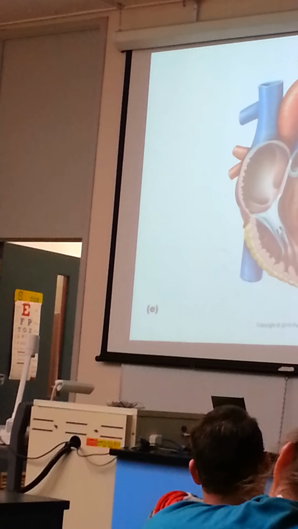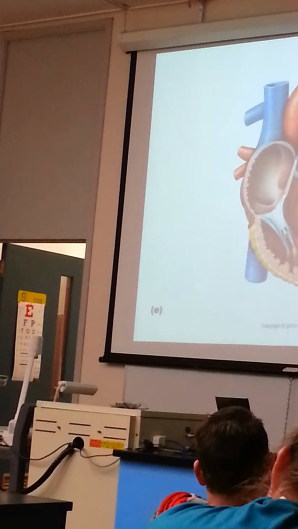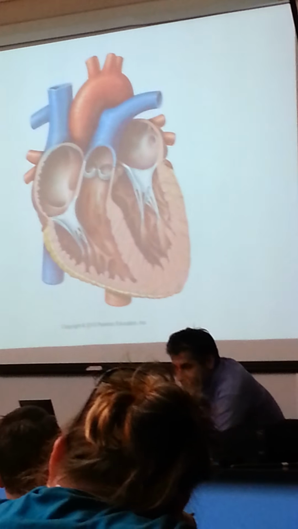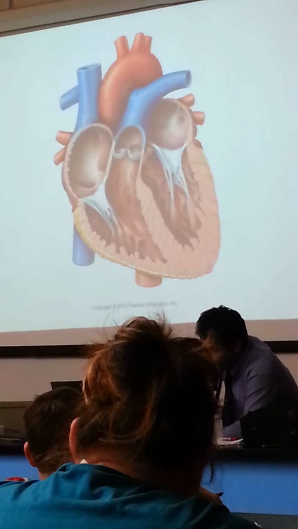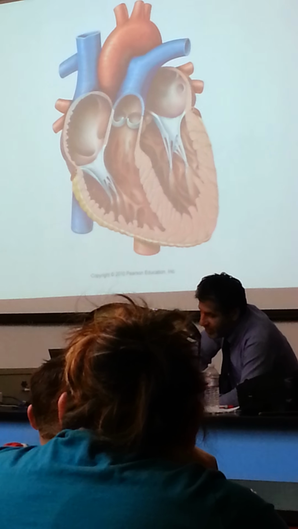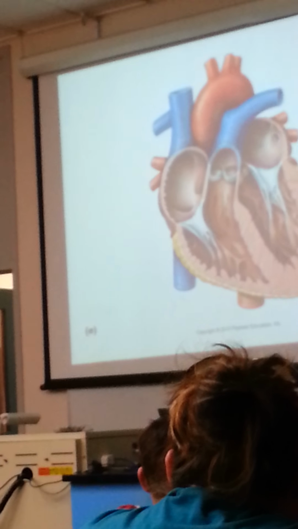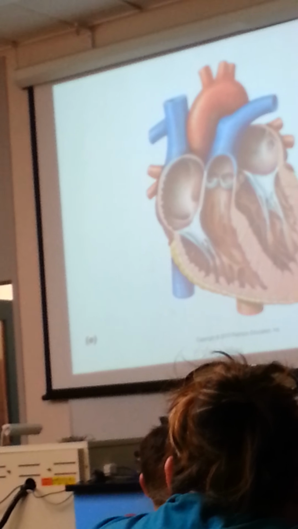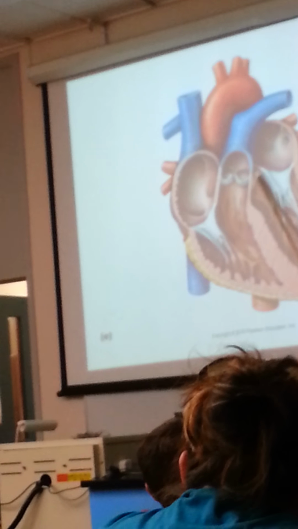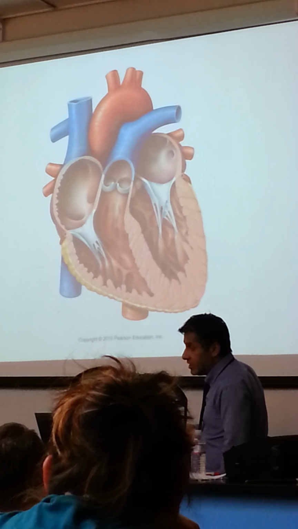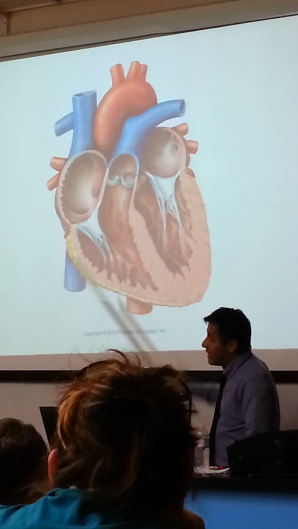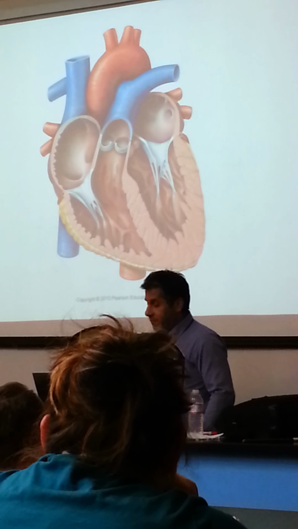From pulmonary trunk to the pulmonary arteries that go to your lung, and then exchange takes place and it comes back through the pulmonary veins into your left atrium. From left atrium it goes through the bicuspid valve into the left ventricle, and from left ventricle it goes through the aortic semilunar valve into your aorta, and then exchange takes place and through the vena cava it comes back to your right atrium. Very good.